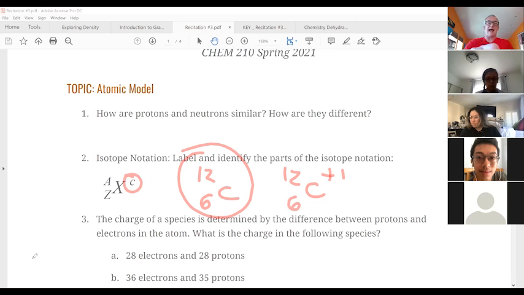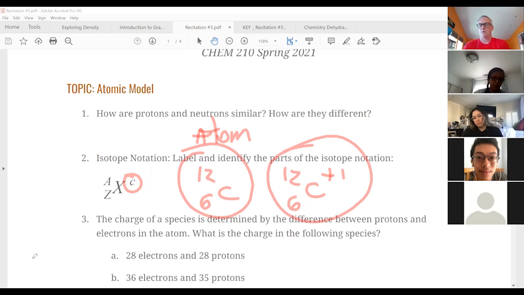Now, it's an atom of carbon 12. What's this? A cation of carbon 12? It's an ion, exactly. Very good.